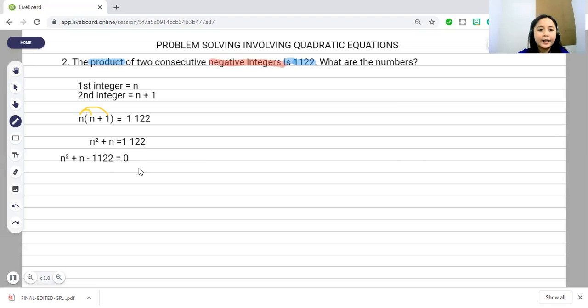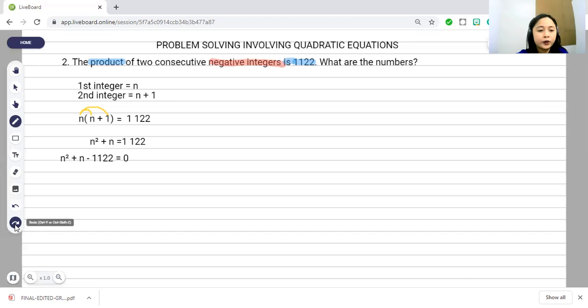We may factor, extract the square root, complete the square, or use the quadratic formula. The general way of solving any kind of quadratic equation is by using the quadratic formula, but knowing that 1122 has factors which will become positive 1 when added with each other, let's choose factoring to solve this equation.